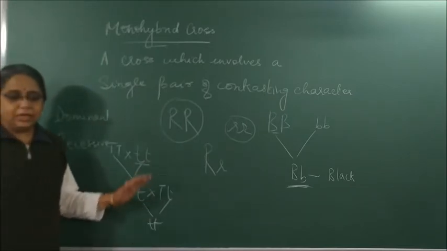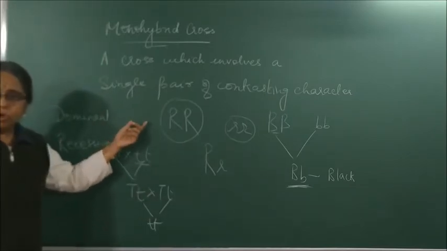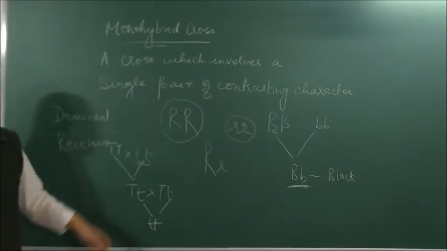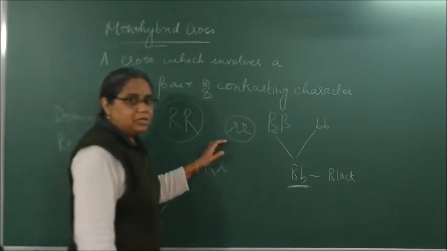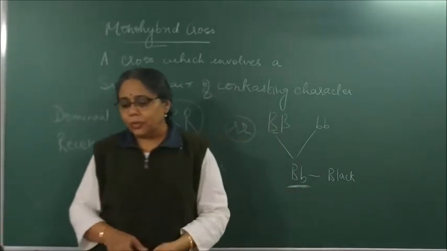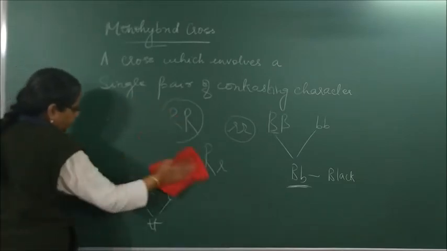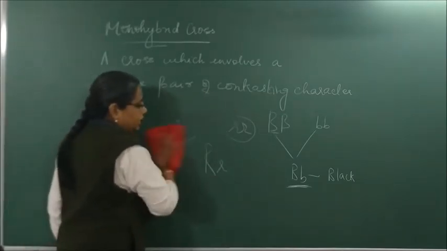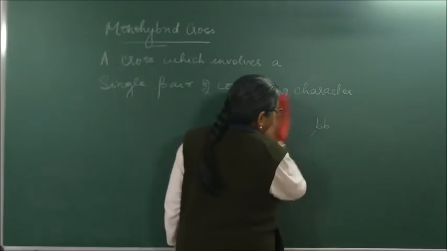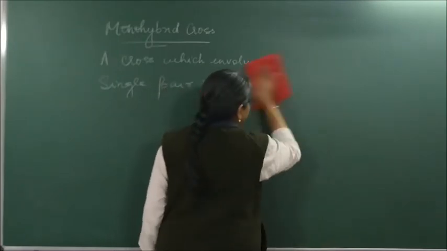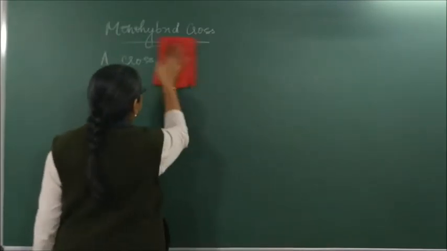So is it clear what we are writing? Anything written in capital letters is dominant. Anything written in small letters is recessive. Let us first understand what a monohybrid cross is. When you take one character at a time and cross any plant, it is called a monohybrid cross.